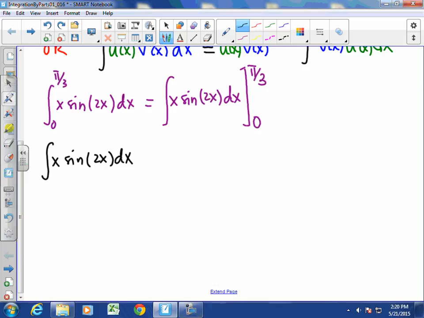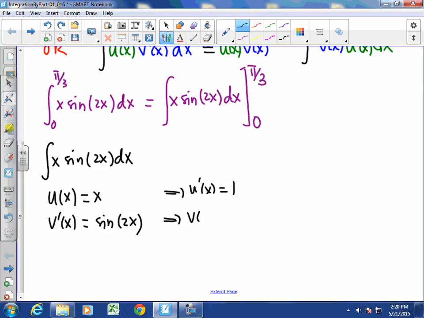So in this case, the most appropriate way to go is to set u of x to be x and v prime of x to be sine of 2x. Because if you do this, u prime of x is going to be 1 and v of x is going to be negative 1 over 2 cosine of 2x.